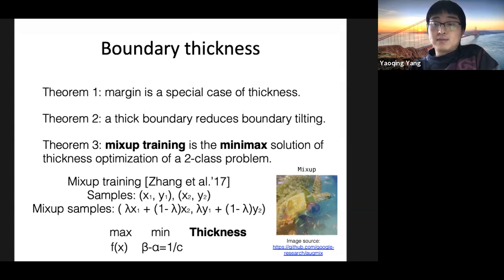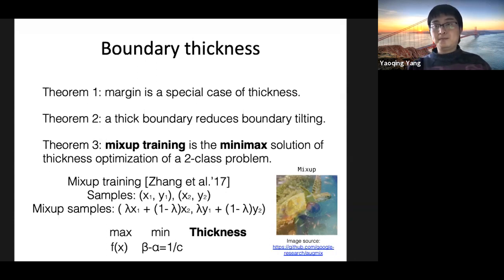Usually these two things seem to contradict each other. If you want to achieve adversarial robustness, you will need to sacrifice natural accuracy. But it has been shown that mix-up can actually improve the robustness just by a little bit without sacrificing natural accuracy. And we think it is because of the increase in the boundary thickness.